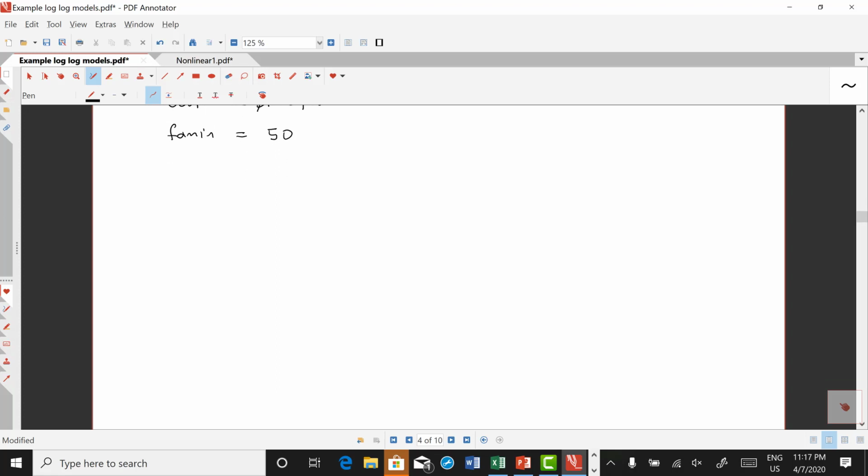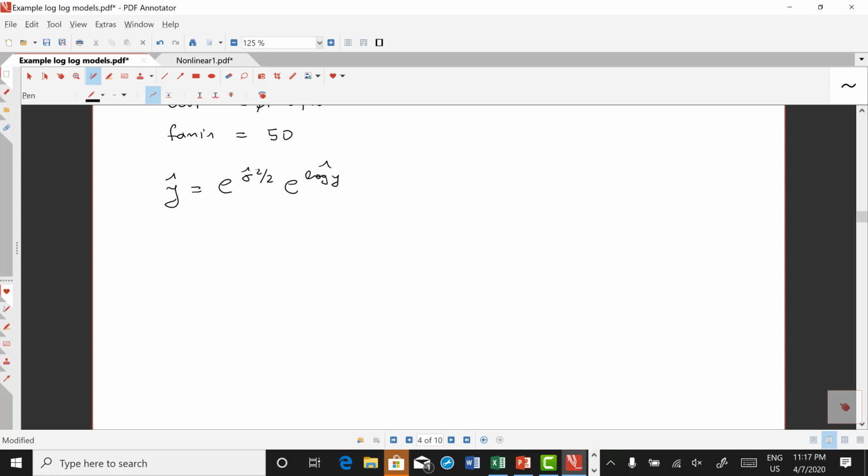Okay, so remember we said that to calculate the value of the dependent variable when we use a log model, we have to use this equation.